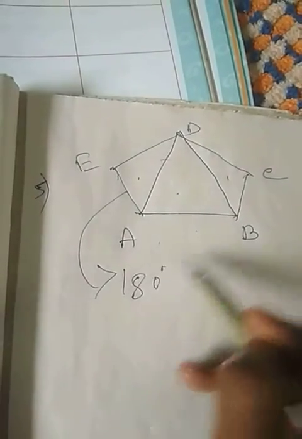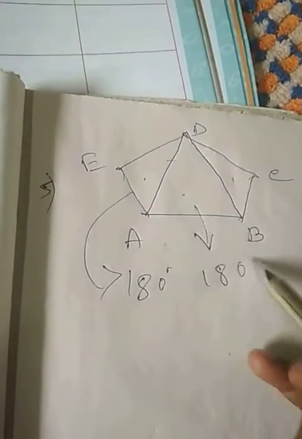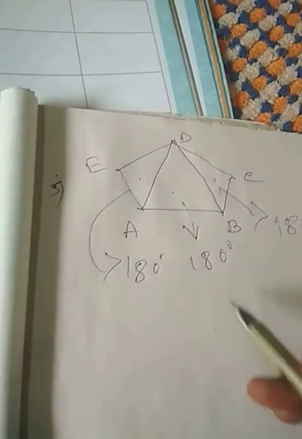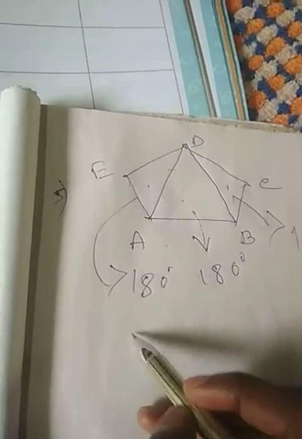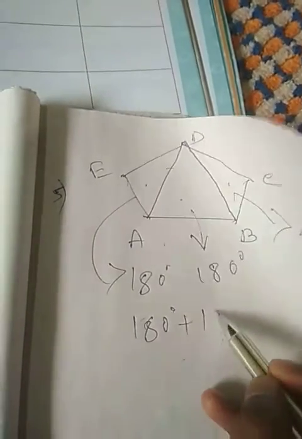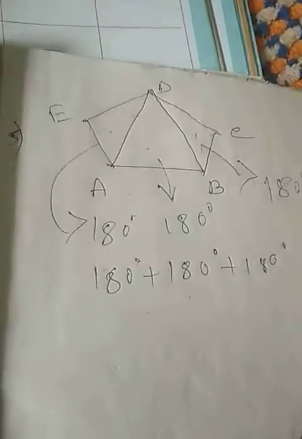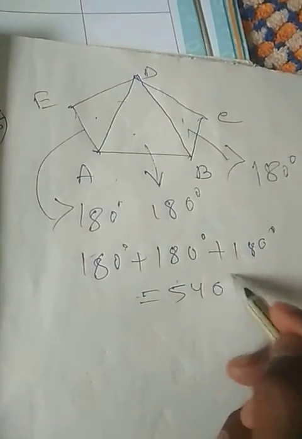So this is 180 degree, this one is 180 degree, this one is 180 degree. So what is the sum? We got 180 plus 180 plus 180. So a regular pentagon has the sum of angles 540 degree.